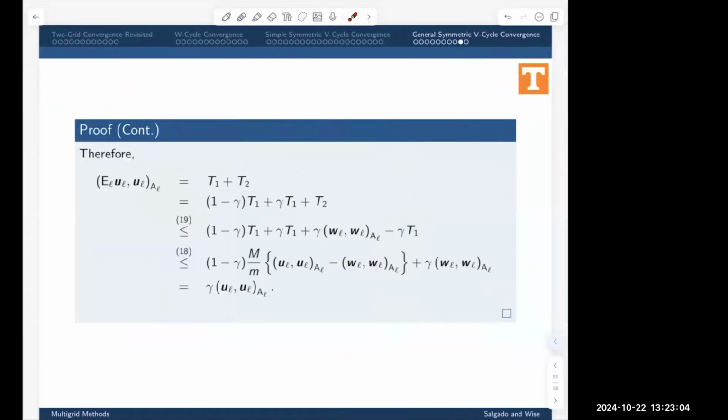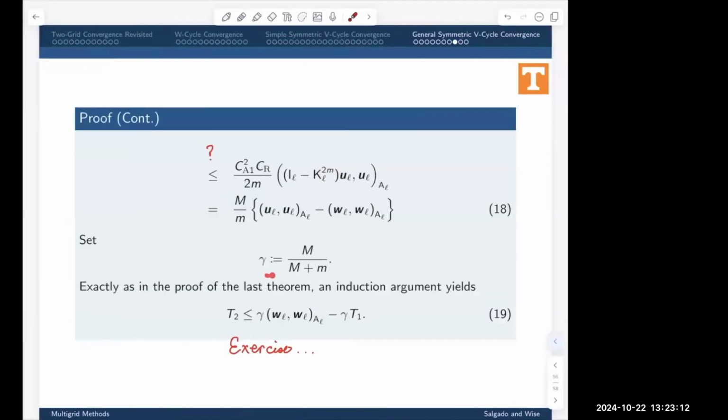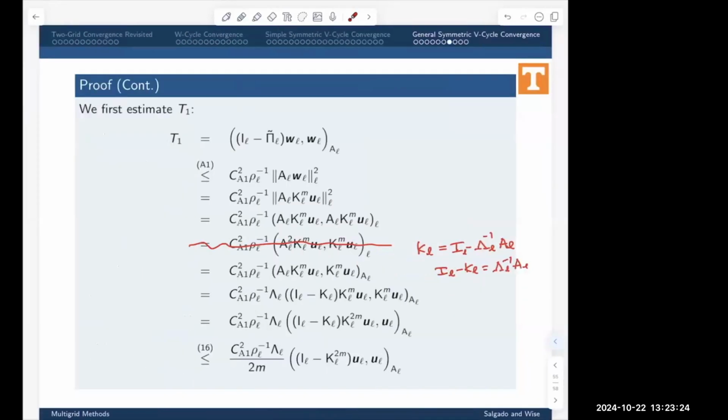And then we combine them together to get the result that we want, which is the contraction at the rate gamma, where gamma is this parameter here. Okay, so I won't go through all the gory details because it is fairly similar to what we had before. The big technology that we brought to bear on this is precisely that telescoping estimate. So that thing is the new piece. Otherwise, there's nothing new.